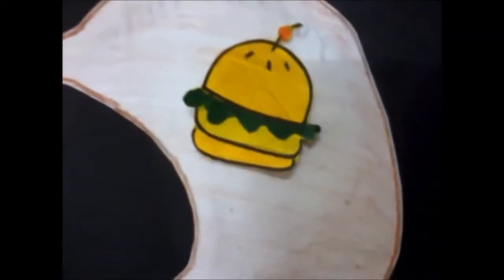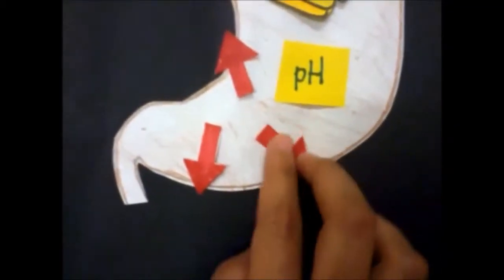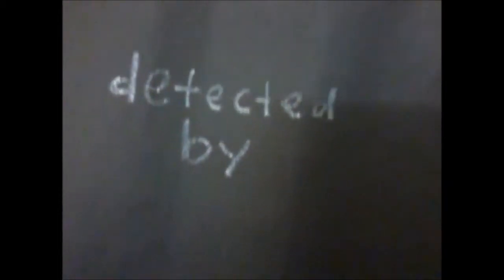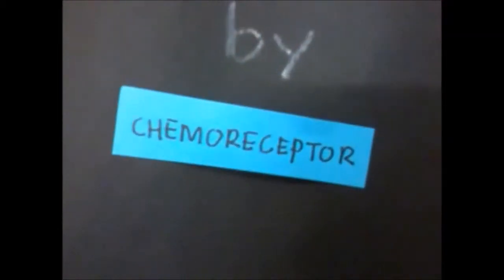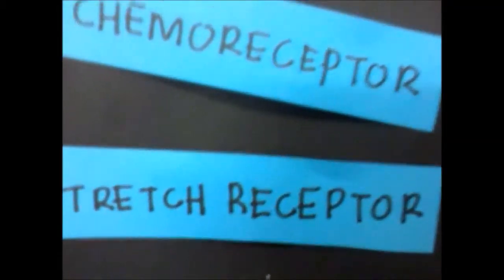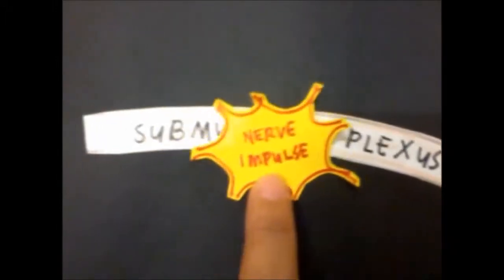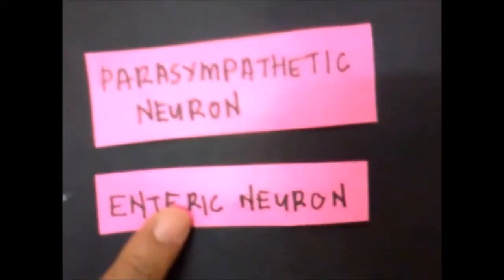This will increase the pH of gastric juice and cause distension, or stretching, of the stomach wall. It will be detected by chemoreceptors and stretch receptors. Nerve impulses will propagate to the submucosal plexus and activate parasympathetic neurons and enteric neurons.